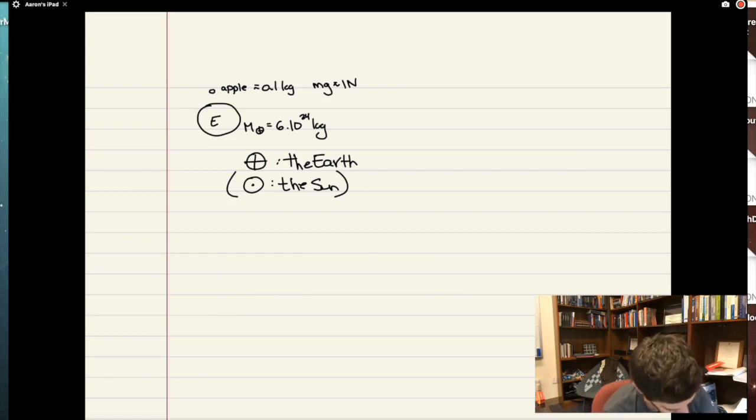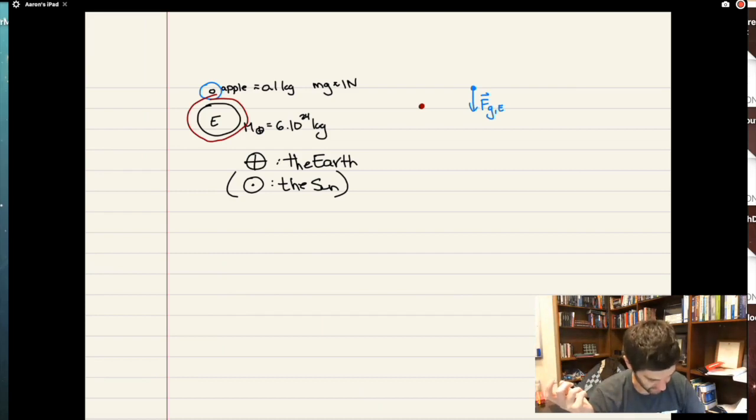All right, so I have two systems. I have the apple, and then I have the Earth. For the apple, it is being pulled down by the force from gravity from the Earth.